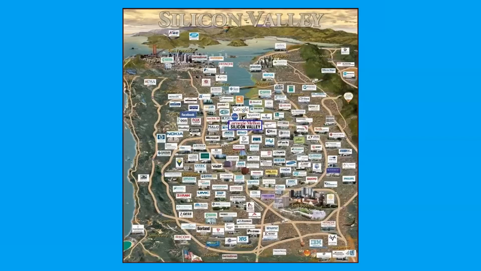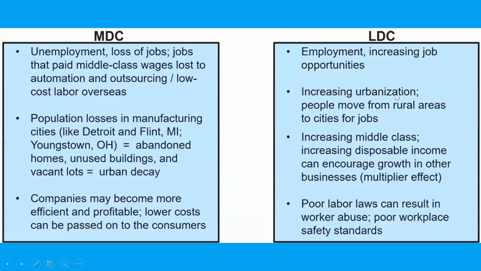You can see just how many of these high-tech industries are located next to each other or around each other. So anyways, outsourcing, economic restructuring. Here are the impacts of those.